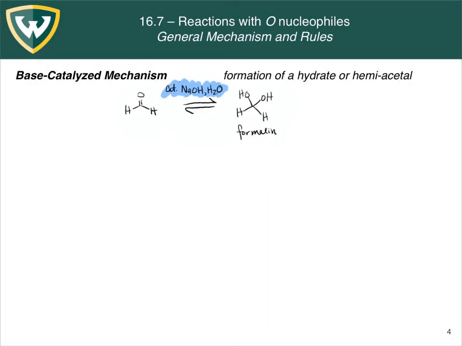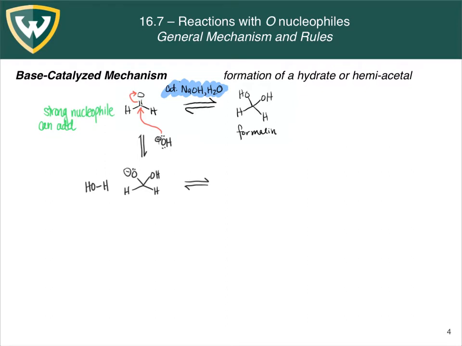In a base-catalyzed reaction, weak nucleophiles, such as water or alcohols, can be activated by deprotonation. So this forms a small amount of a more basic nucleophile, which can then add to the carbonyl. So if we go ahead and add hydroxide to the carbonyl, we then push up the electrons.